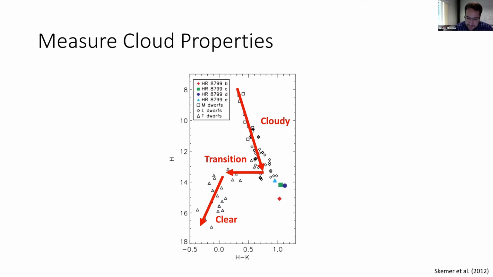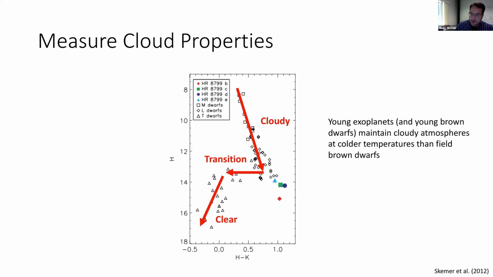And a lot of the first set of exoplanets we found, again, these are younger objects, ended up in a different part of the parameter space. And so it appears that young exoplanets hold on to their clouds a little bit longer than the field brown dwarfs. That's also true for the young brown dwarfs that we know about. They can hold on to their clouds a little bit longer.